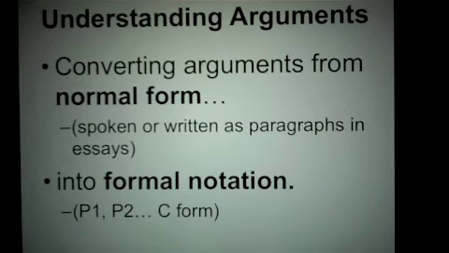I happen to think it's really nice to end a discussion on what the argument is, this whole sort of process of understanding the argument, with a finished product that looks nice and neat in a clean formal notation. That way, when we get to our next step, evaluating that argument, we'll have something nice and neat to work with to evaluate systematically.